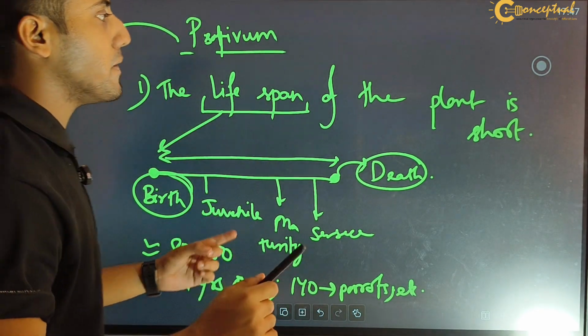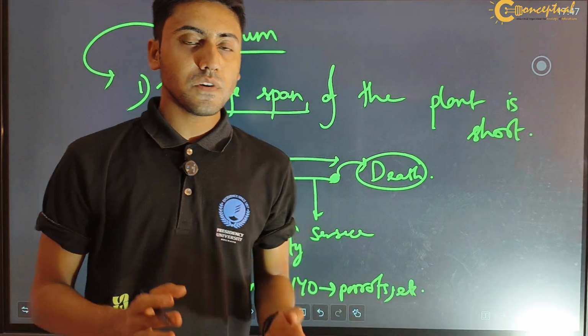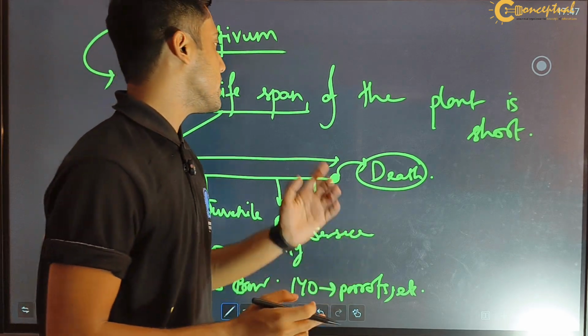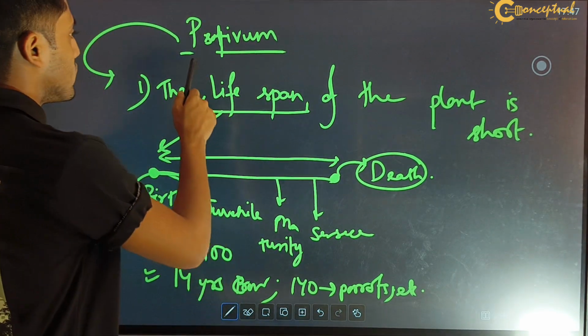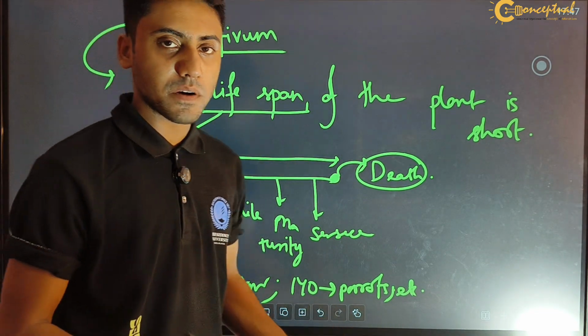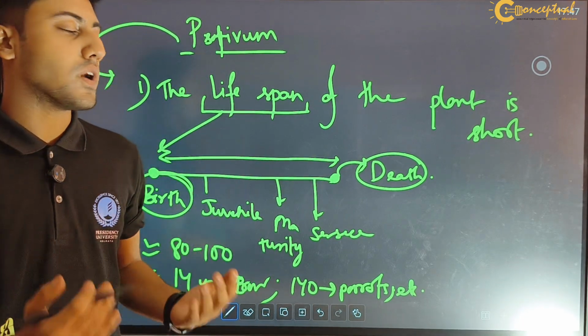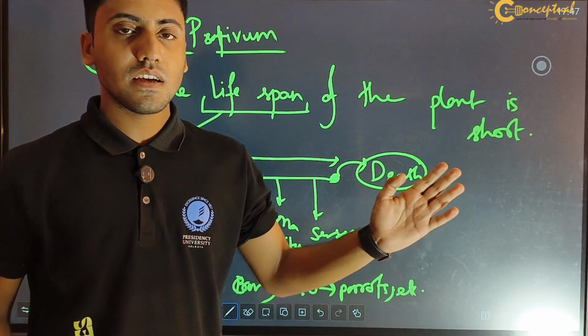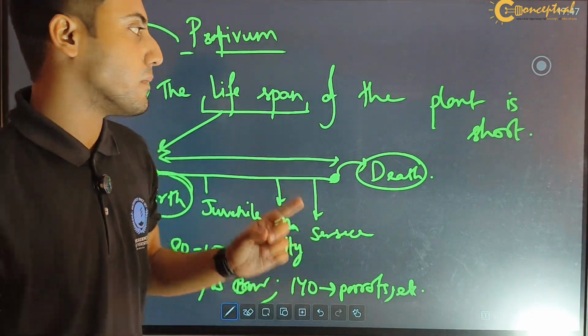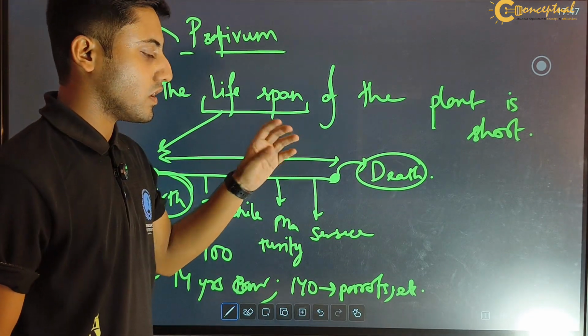So lifespan of the pea plant is short. So what is the benefit? If a scientist were to study genetics on a human, then in his lifespan, he would not be able to see, say, 10 filial generations of that particular organism.